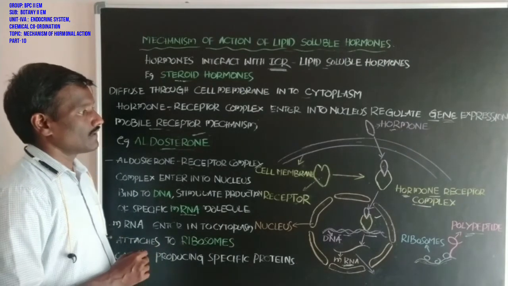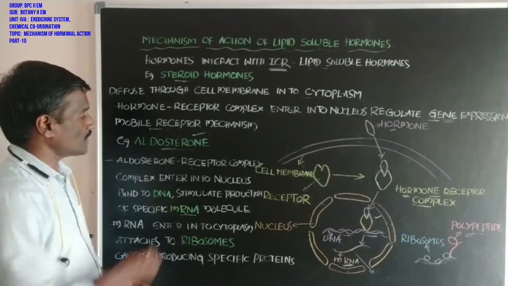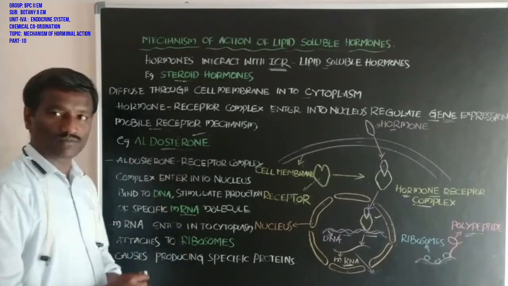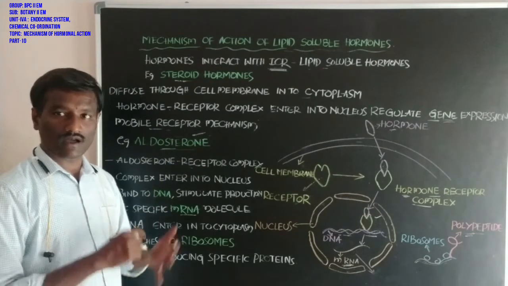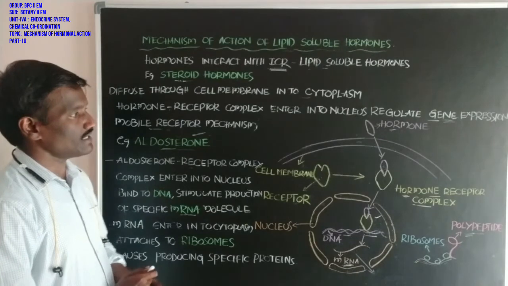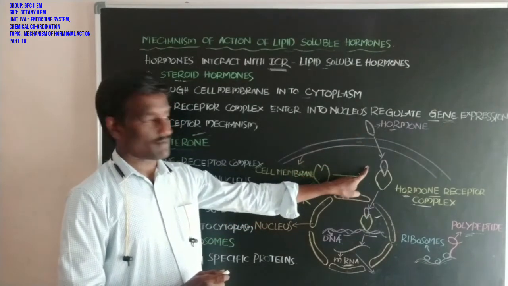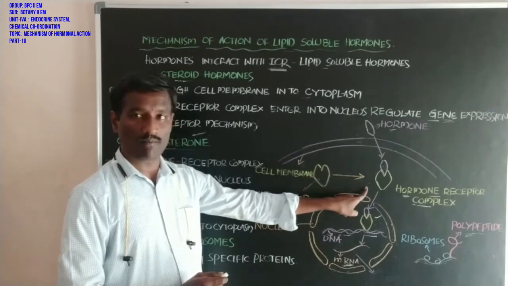That is about the functioning of the aldosterone hormone on the target cell. Students, in this, the hormone enters into the cytoplasm and forms the hormone receptor complex.